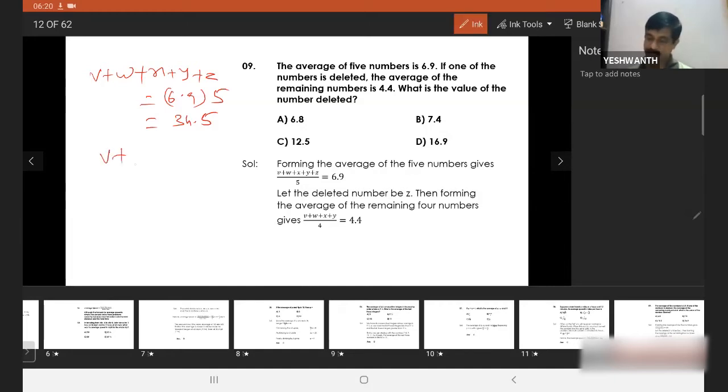V plus W plus X plus Y equals 4.4 into 4, which is 17.6. So Z equals 34.5 minus 17.6. What is this equal to?